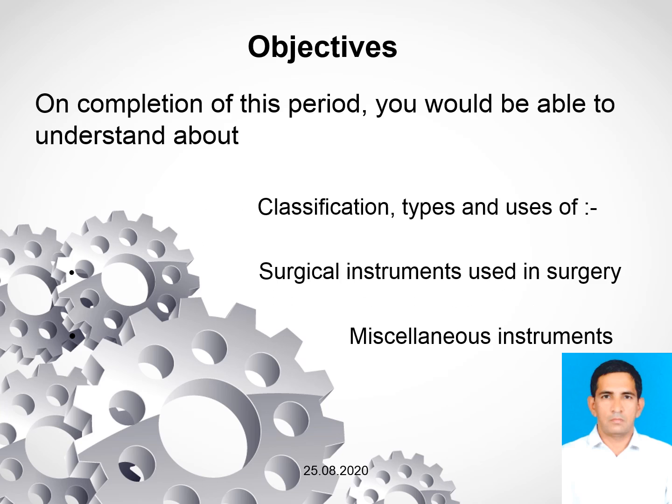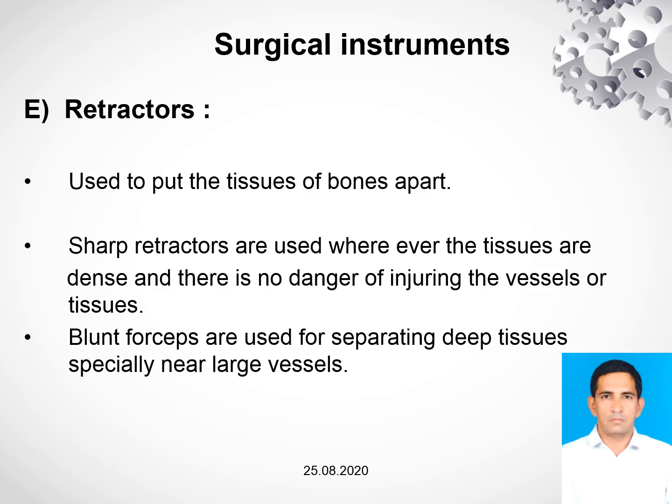Objectives. On completion of this period, you would be able to understand about classification, types and uses of surgical instruments used in surgical miscellaneous instruments. Retractors are used to put the tissues or bones apart.